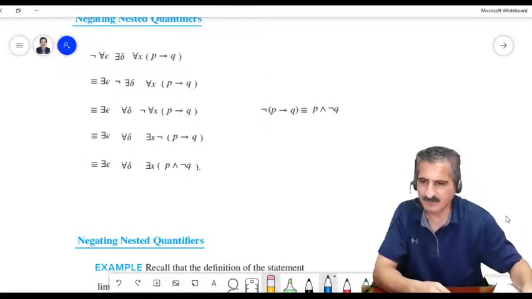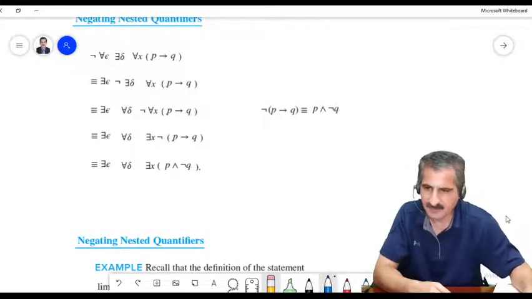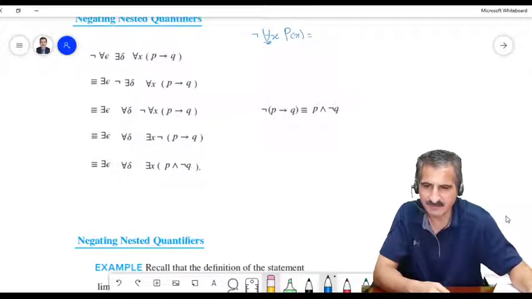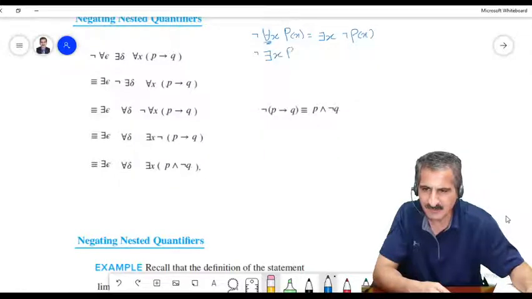Okay, so we learned before how to negate the universal quantifier. So we say the negation of for every x, P(x), we will change the quantifier and we will bring the negation to the inside. Same thing if we negate there exists x, P(x), then we bring the negation to the inside and then we change the quantifier.